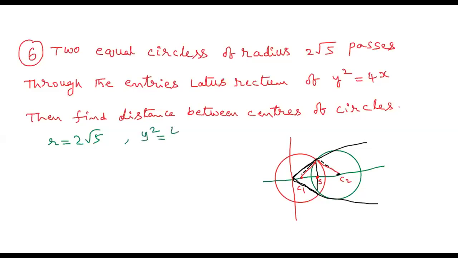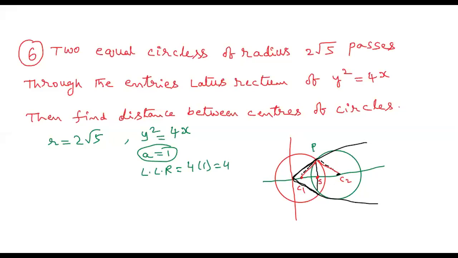Y square is equal to 4x. So here the a value is 1. The length of the latus rectum is equal to 4a. So 4 into 1, that is 4. Here observe, suppose this is a point P. So here we know the radius.